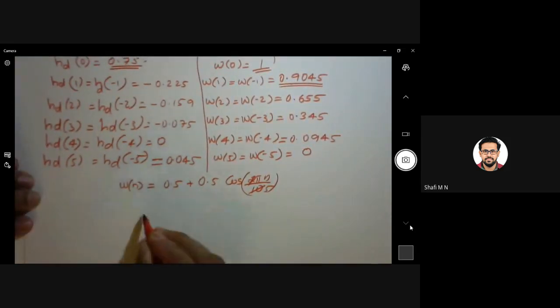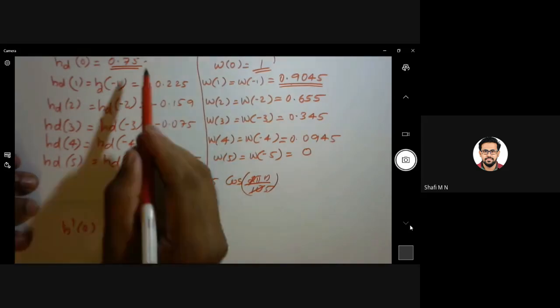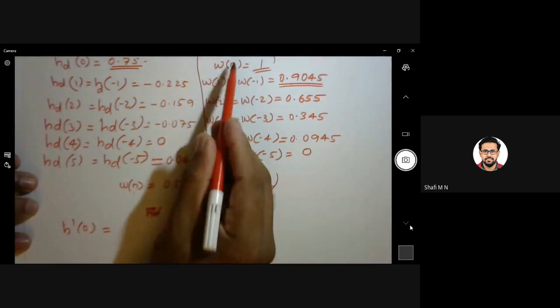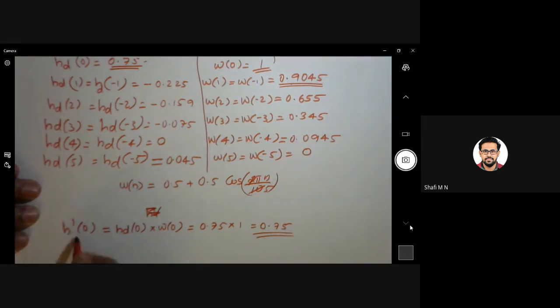So what is h dash of 0? h dash of 0 is equal to hd of 0 into w of 0. So that will be 0.75 into 1, which is equal to 0.75. Right? So this is the truncated result, truncated design.